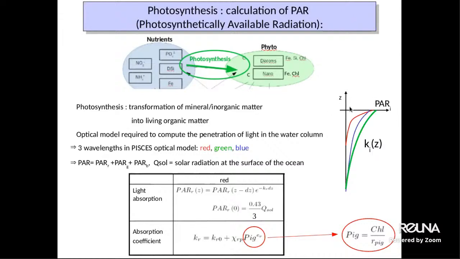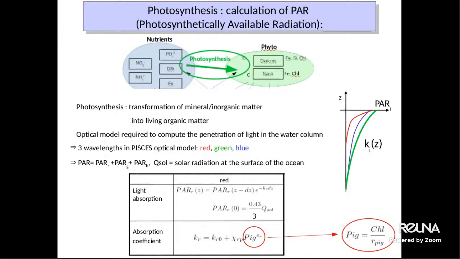Here there is a schematic of the different wavelengths, with in general a more rapid absorption of light in the red, then in the blue, and then in the green. Okay? So this is part of the model, the optical model.